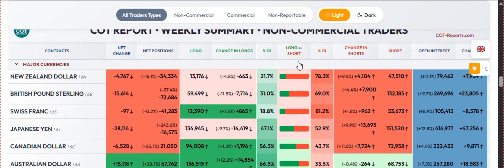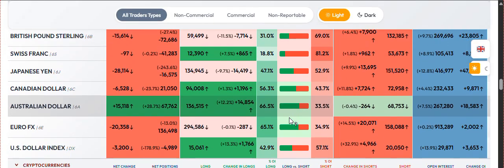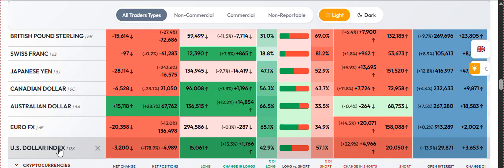When we look at the longs versus the shorts, you will notice that the dollar is 42% long and 57% short.